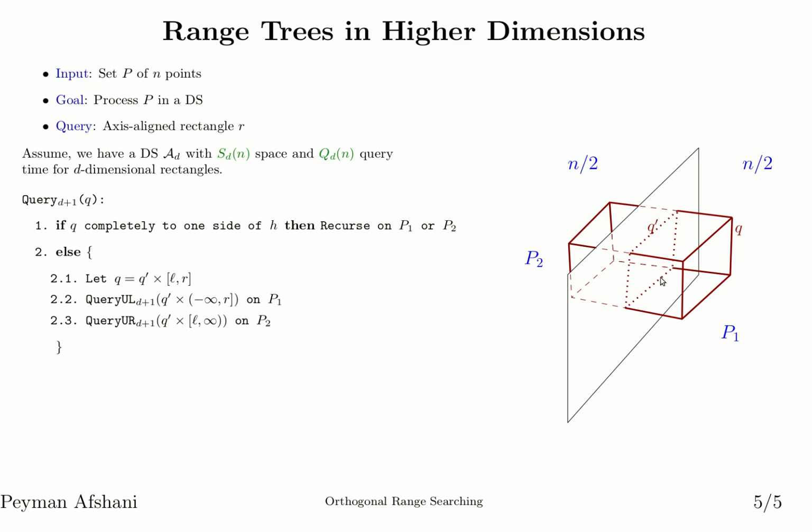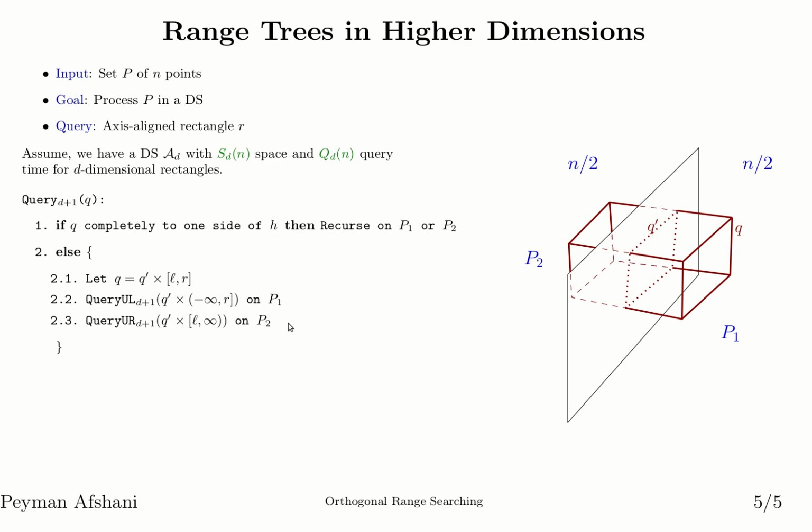However, these queries are unbounded on one side, so they have 1 fewer boundary. In other words, we can call a secondary query procedure, query unbounded from left, on the query region defined by the Cartesian product of Q prime times this unbounded interval. And we call this query on P1, and we do the same on P2. So we call a query that is unbounded from right on Q prime times L to plus infinity.